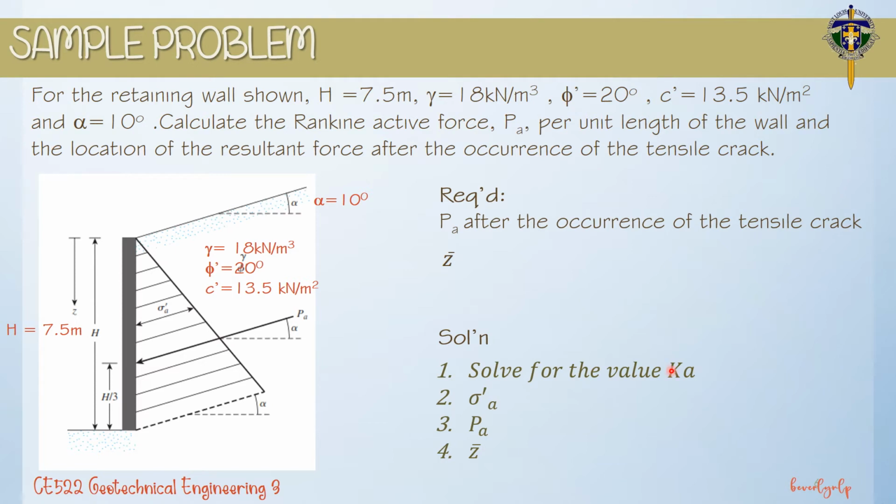And then after that, we can determine the active earth pressure, which we will be using to plot the pressure diagram. So after plotting the pressure diagram, we can now solve for the active force. This is simply the area of the pressure diagram. And then we can now locate the resultant force.